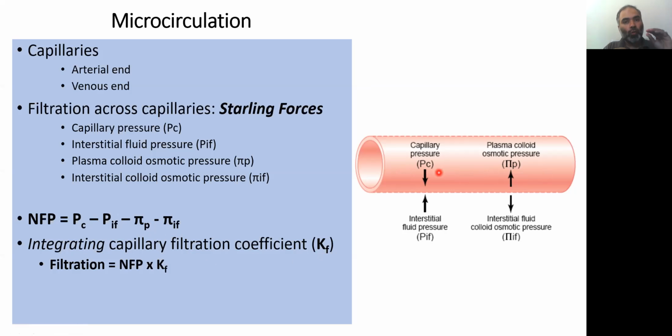Some capillaries are dormant. You don't need them. Imagine these are roads which don't need to be opened when the traffic is low. They only get opened when the traffic is a lot. Eid rush or something like that, okay? Shopping rush.